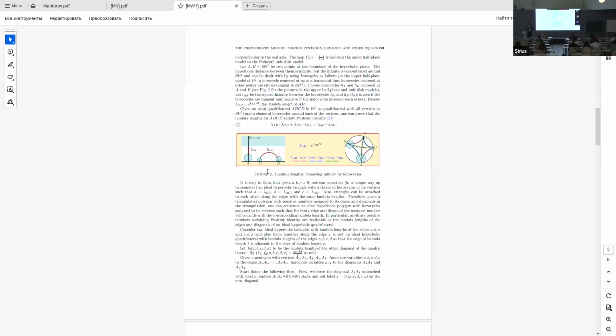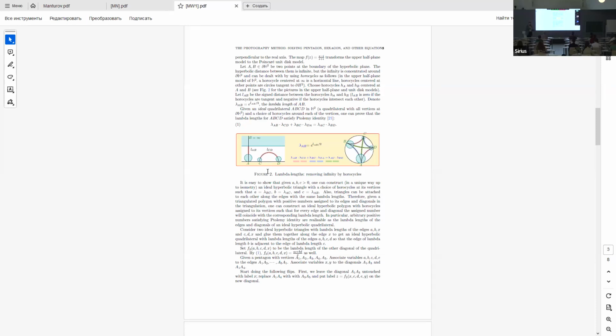I don't want to get into details, but I want to say the following: if we have some ideal quadrilateral with its 4 sides and diagonals, and we get some horocycles and cut sides, then there is a well-known equation which looks pretty much the same as the Ptolemy equation for those lambda lengths.